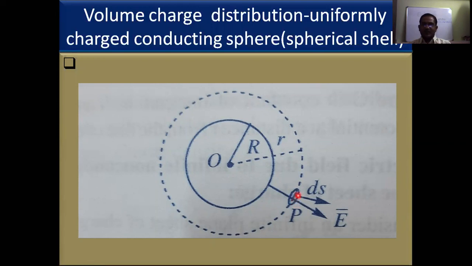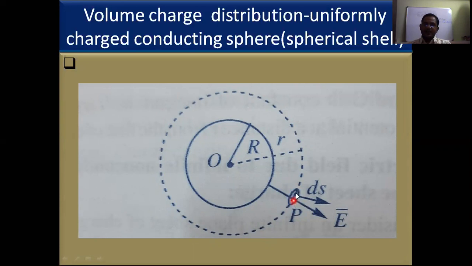So here P is an external point at the distance small r from the center of the sphere. Now assume a spherical Gaussian surface passing through that point. On this surface, consider a small area element ds.